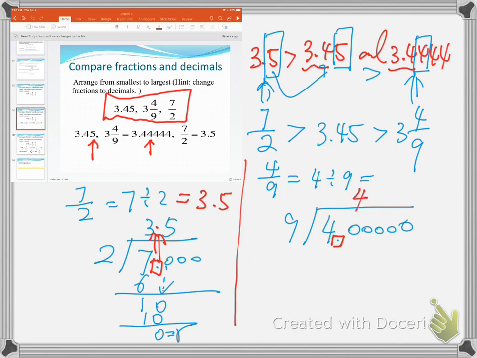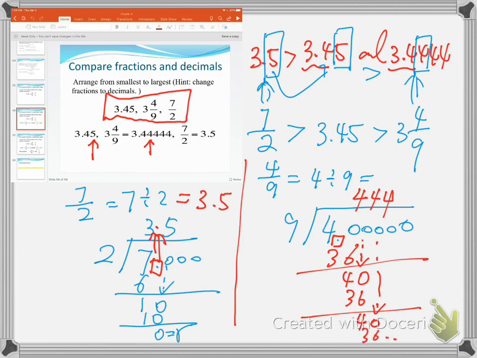We got a 4 here. 4 times 9 is 36. 4. And then we bring down 0. 40 divided by 9 again. So we got 4 again. 36 again. And then we got 40 minus 36, 4 again. We'll bring down another 0. 40 divided by 9, 4 again, 36 again.